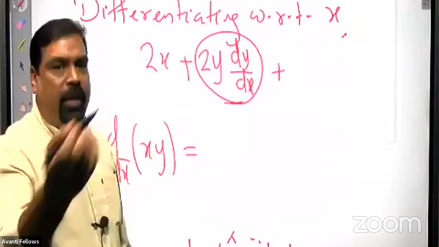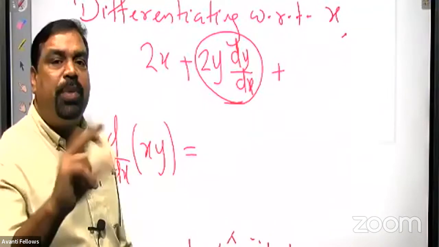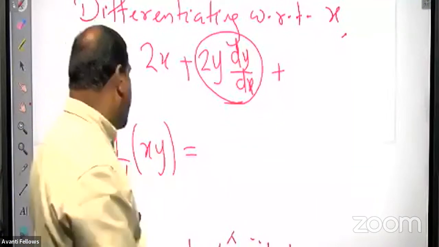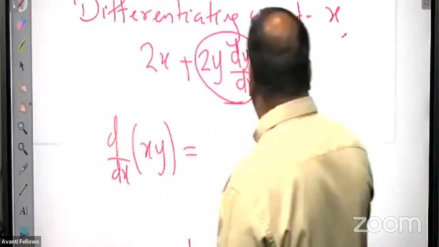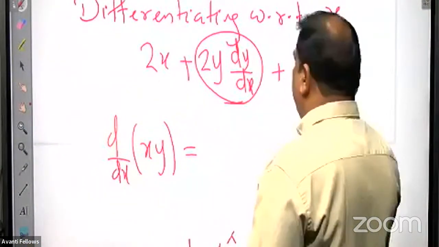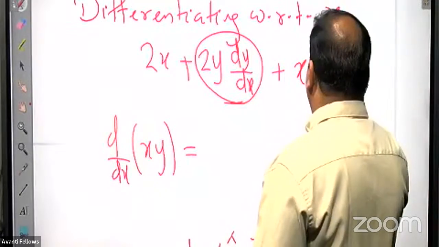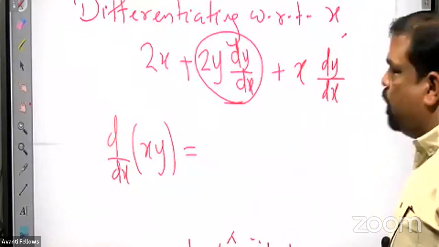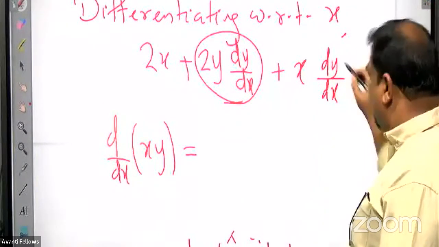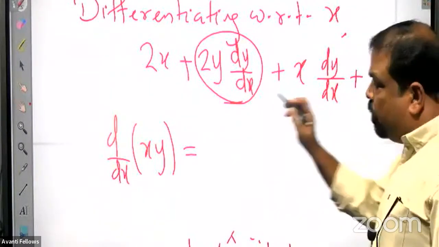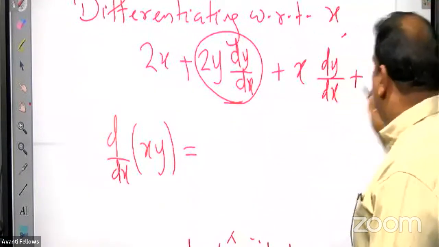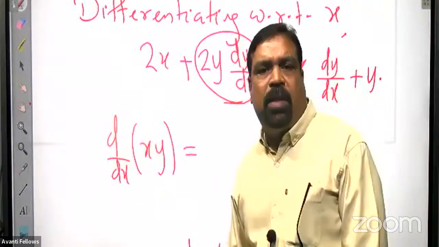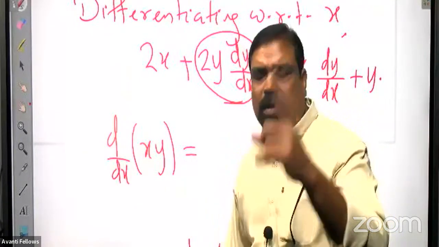It is the product of two variables, x and y. The product rule: first function x into the derivative of second, dy by dx, plus second function y into the derivative of first, that is derivative of x, which is 1.